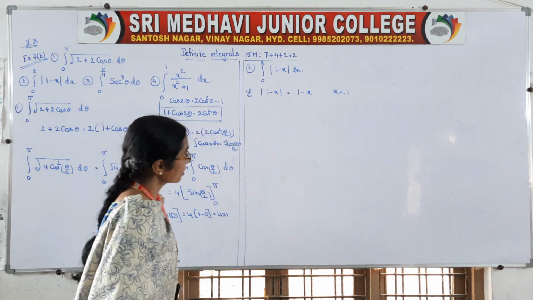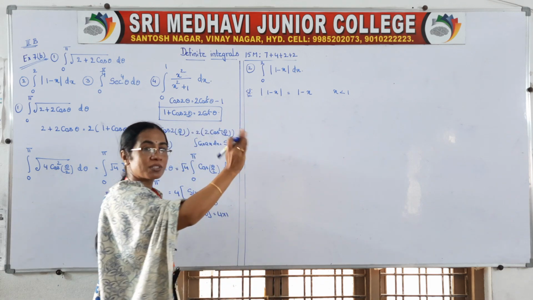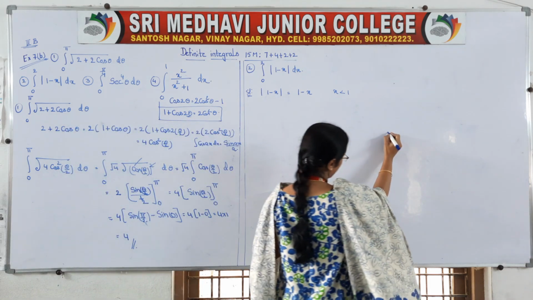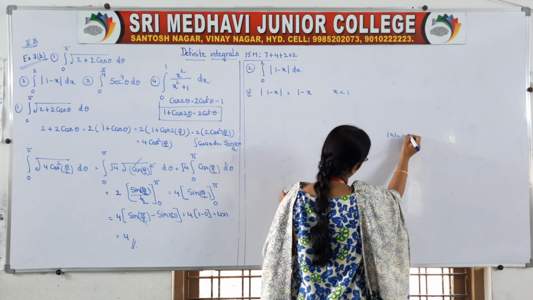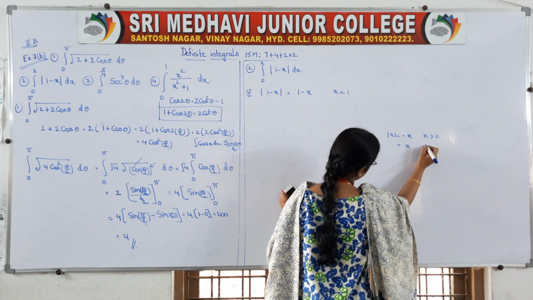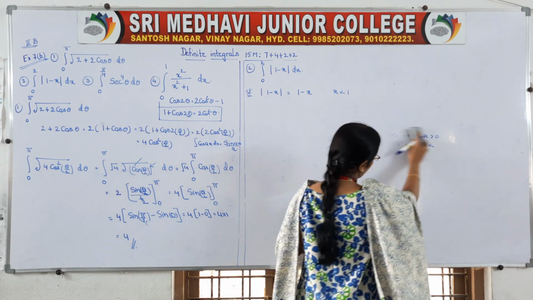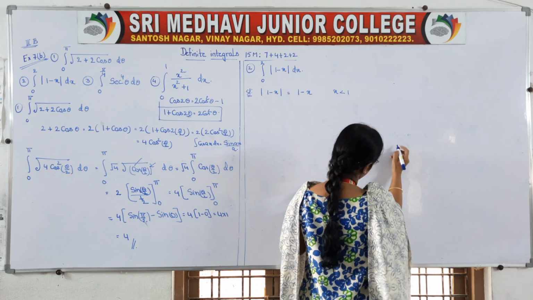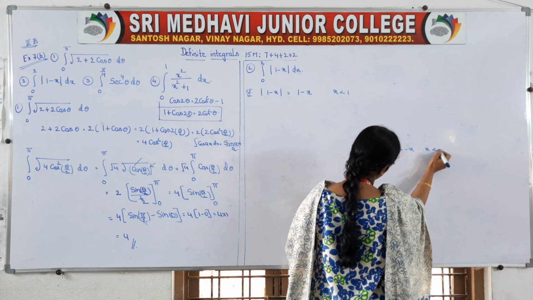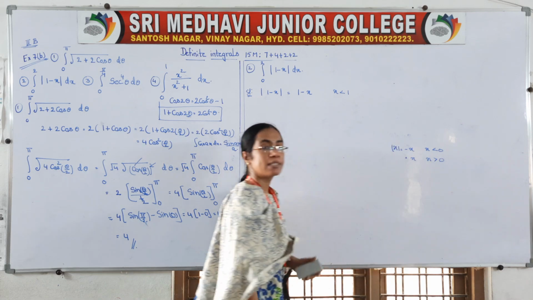Observe, if x value is less than 1, so all will be positive. Generally mod x is equal to minus x if x is less than 0, is equal to x if x is greater than 0, like that we will take the values, isn't it?